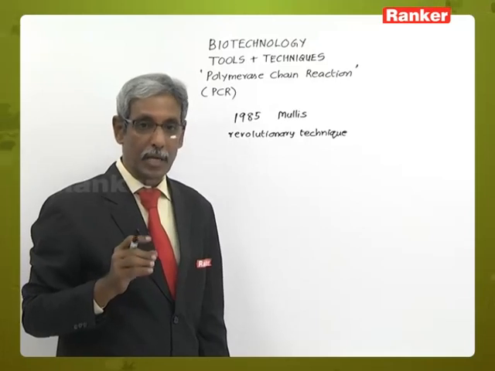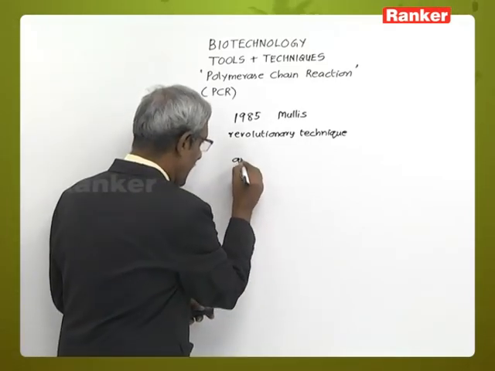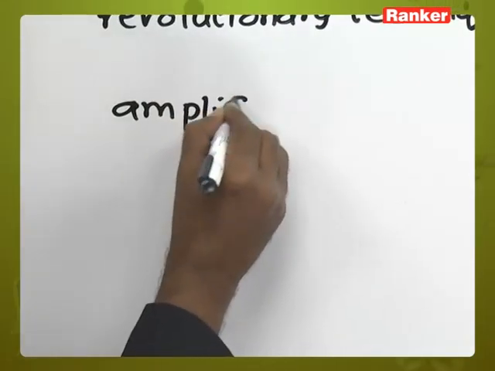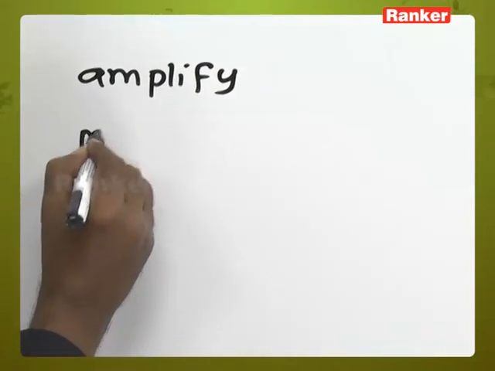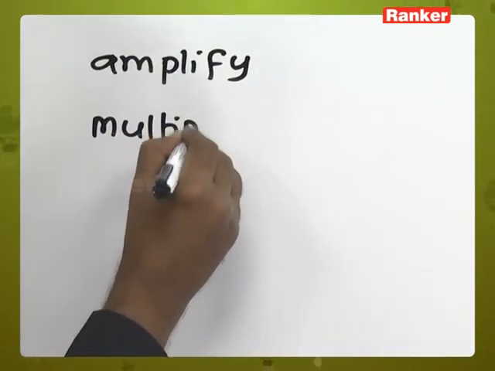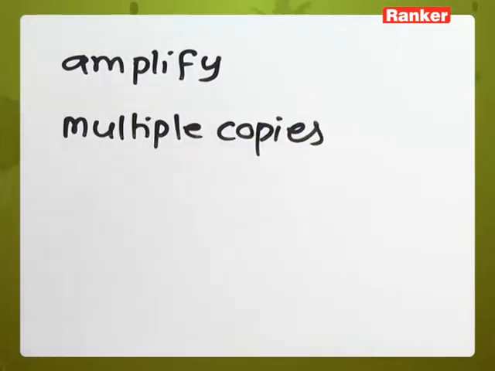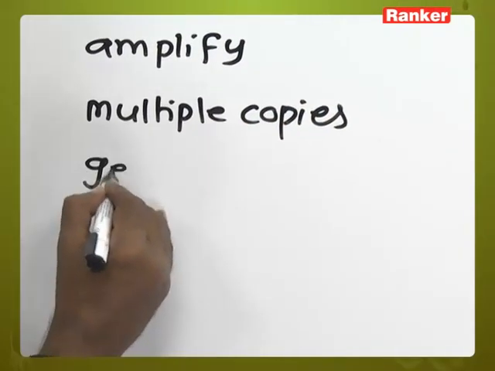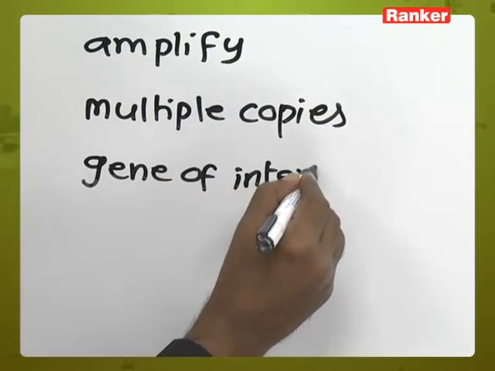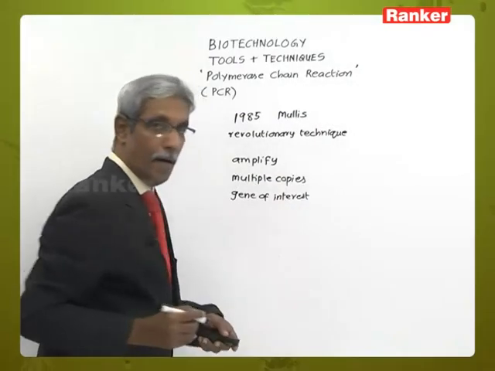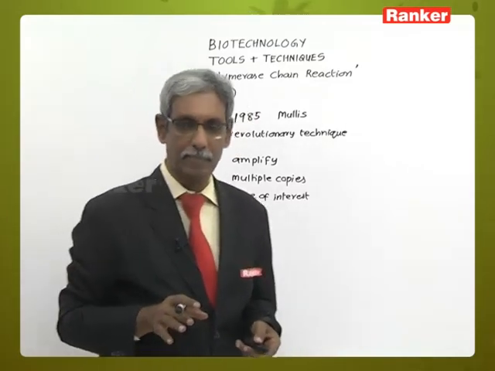So in polymerase chain reaction, what do we actually do? We amplify or make multiple copies of the gene of interest with the help of certain biochemical tools and biophysical tools.